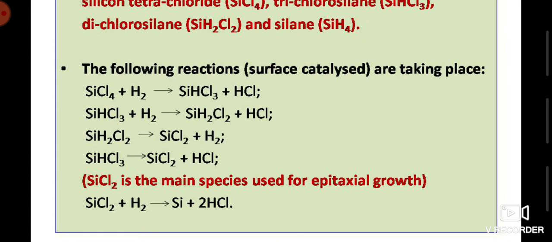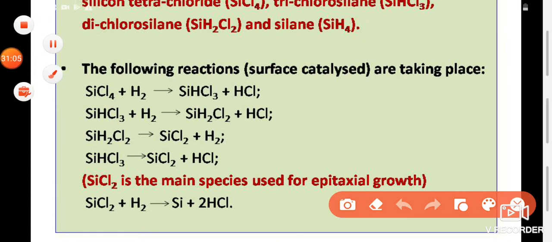So SiCl4 plus hydrogen H2 gives us SiHCl3, that is trichlorosilane, plus HCl, hydrochloric acid in vapor form.